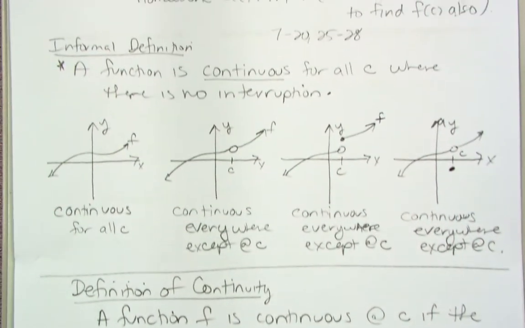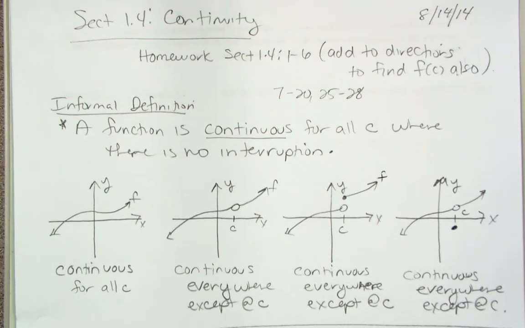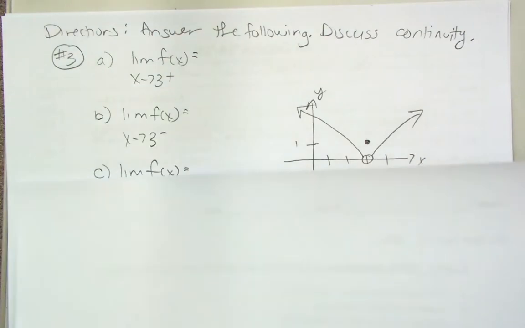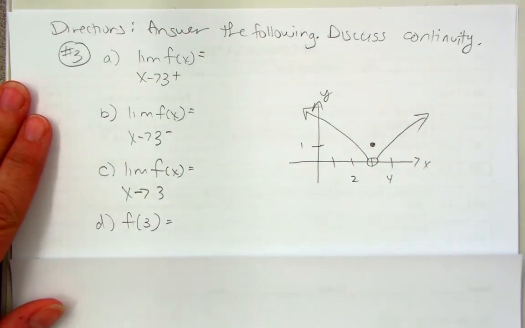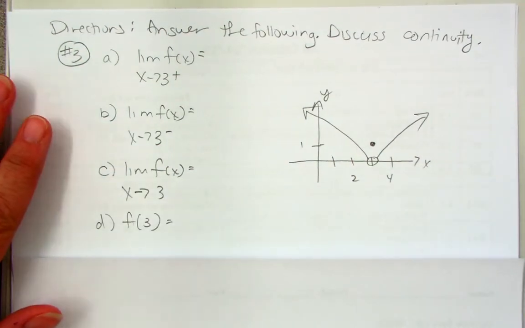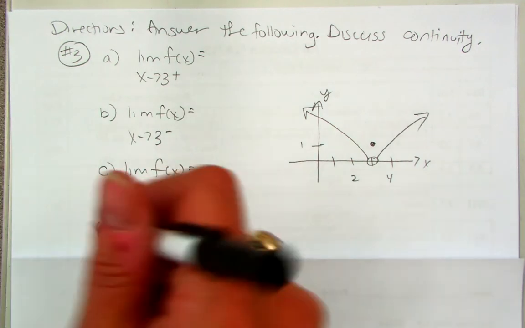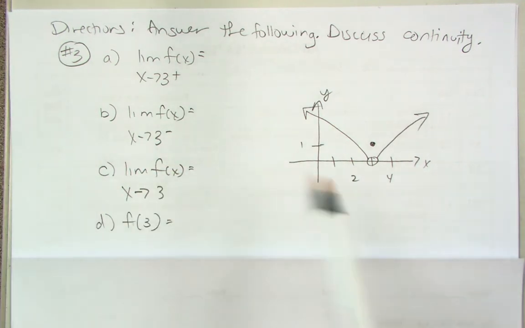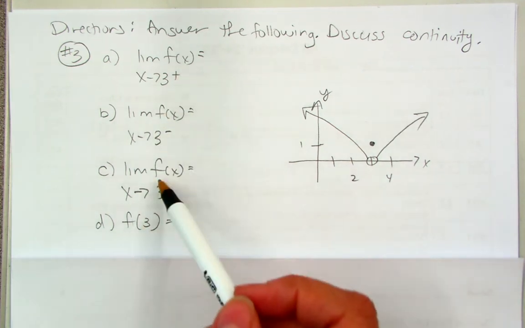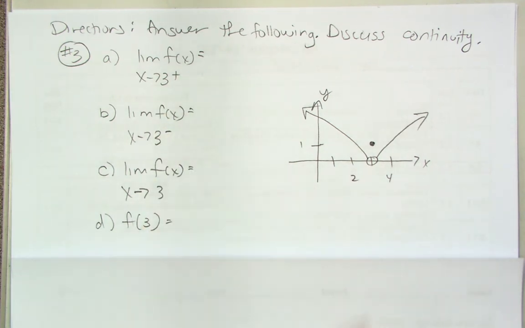So let's try out a mess of problems. And I'm going to take them right out of your homework since there's quite a bit of homework problems. So in 1 through 6, it's A, B, and C, same directions. In fact, that's an actual problem, number 3. And I wanted you to add part D, f of c. And so your c happens to be 3. Directions: answer the following. Discuss continuity.